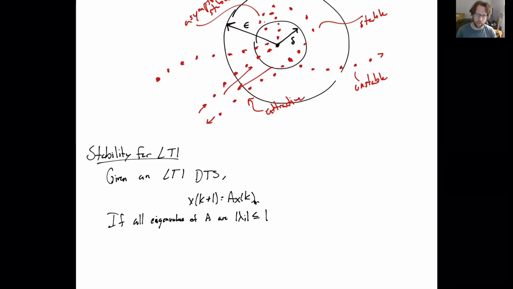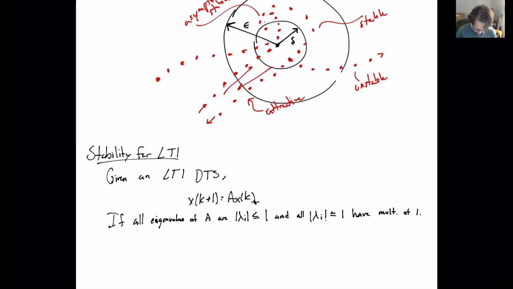And so if the norm of that eigenvalue is less than or equal to 1, and all eigenvalues on the unit circle, so the norm of the eigenvalues equal to 1, have a multiplicity of 1.